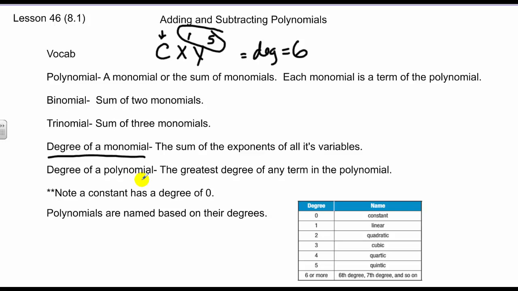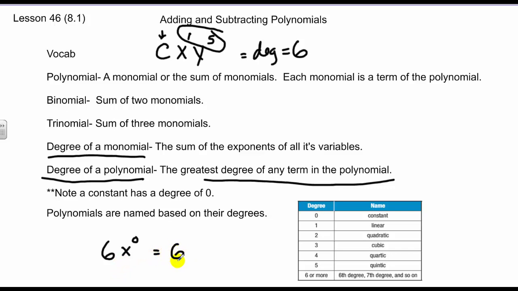And the degree of a polynomial, if I have a long expression, is just the greatest degree of any of the monomial terms. And a constant, like the number 6, has a degree of 0. We could say that it has a variable of x, but its power is 0. We know anything to the 0 power is 1, so it doesn't appear.